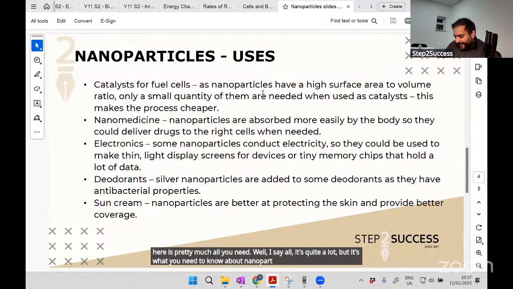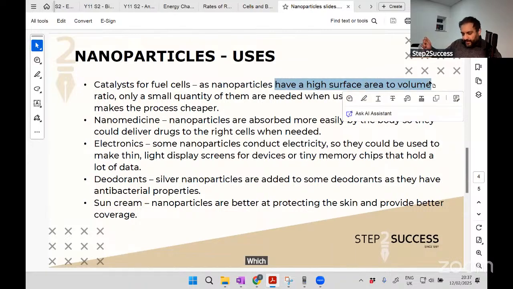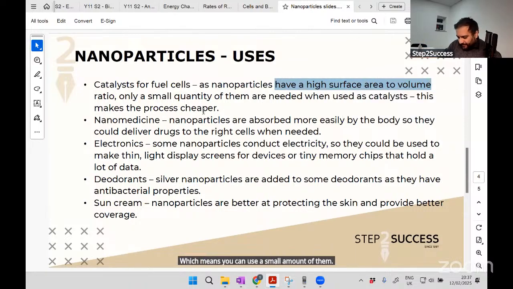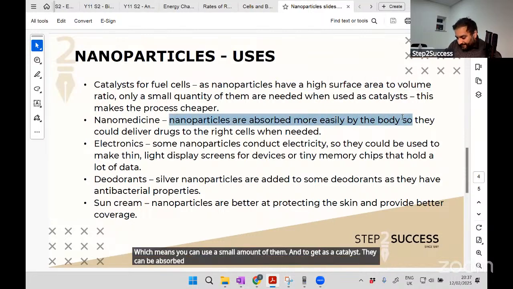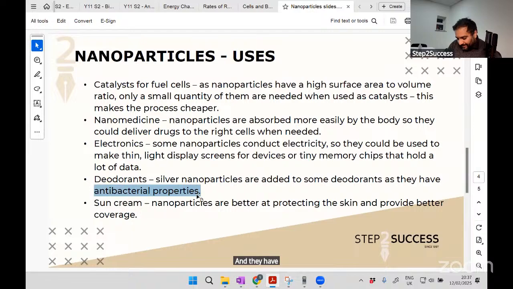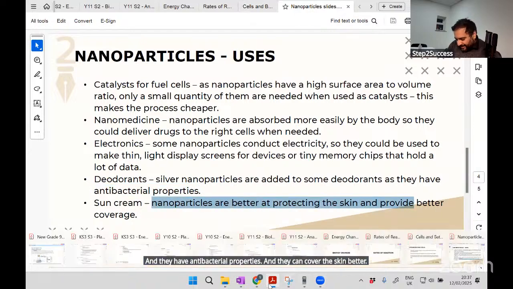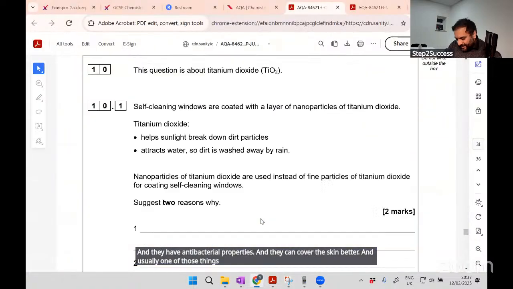They have a high surface area to volume ratio, which means you can use a small amount of them to get a catalyst. They can be absorbed more easily by the body. They can conduct electricity, and they have antibacterial properties, and they can cover the skin better. And usually, one of those things can be used to answer any question on them.